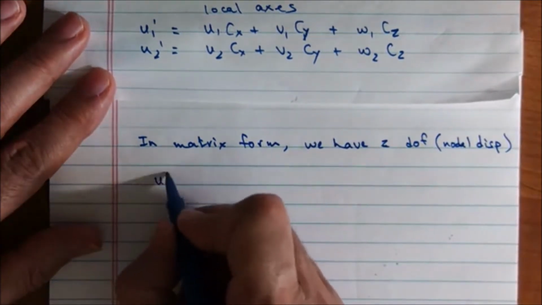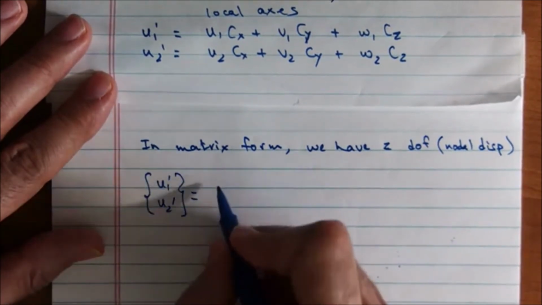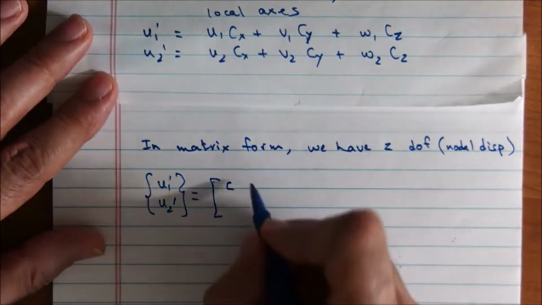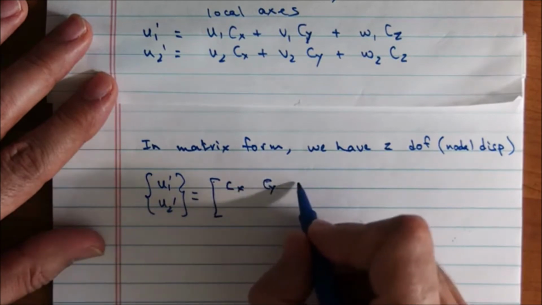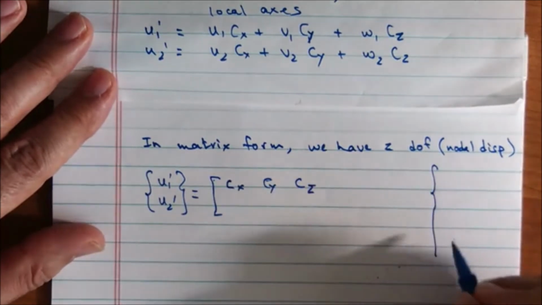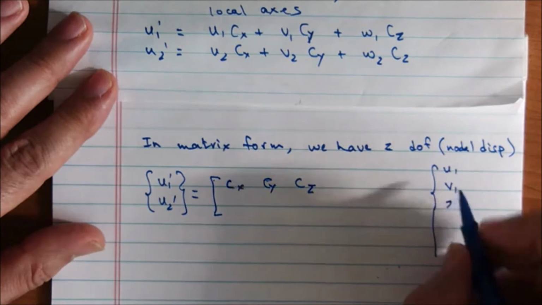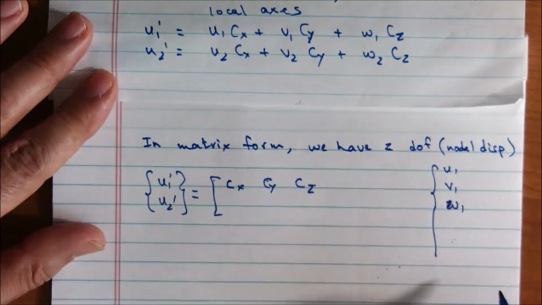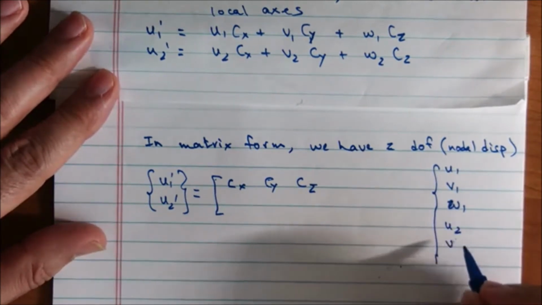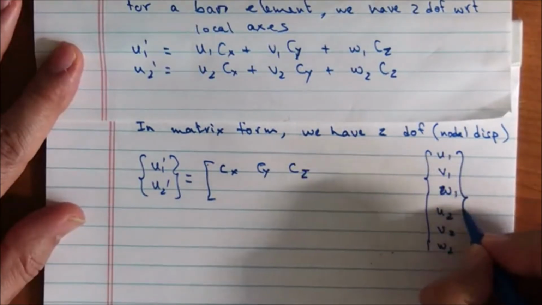This u1 prime, u2 prime may be said to be equal to, and then I have here cx, cy, cz multiplied by u1, v1, w1, and then I'm going to show my u2, v2, w2 here.